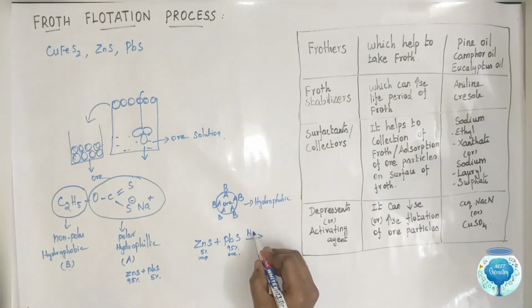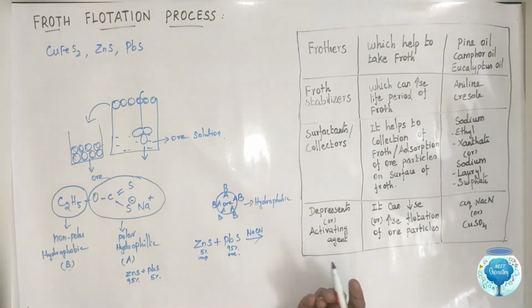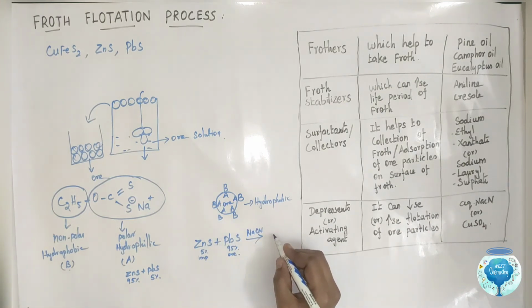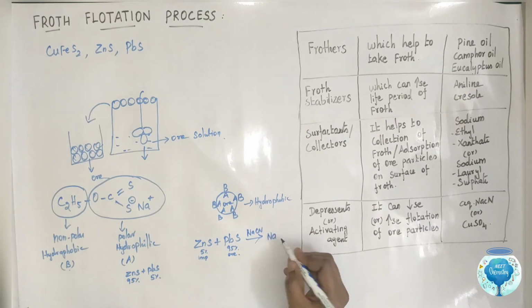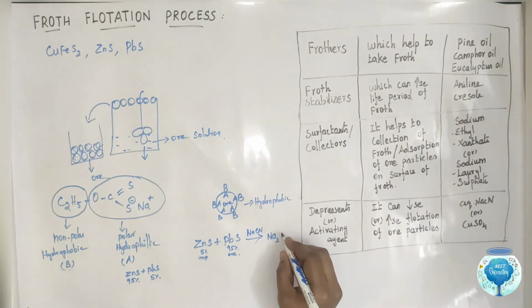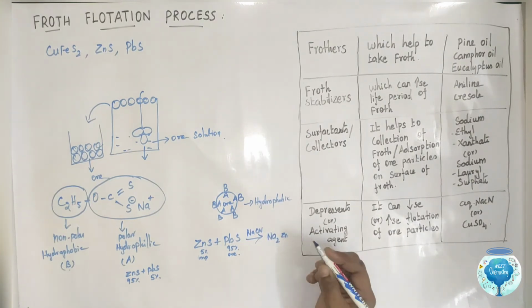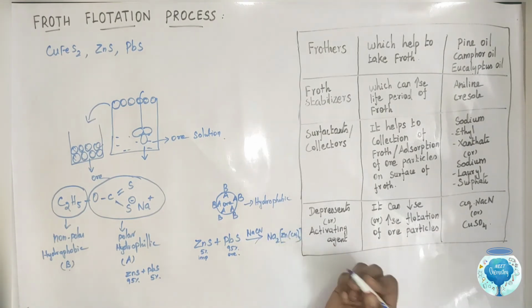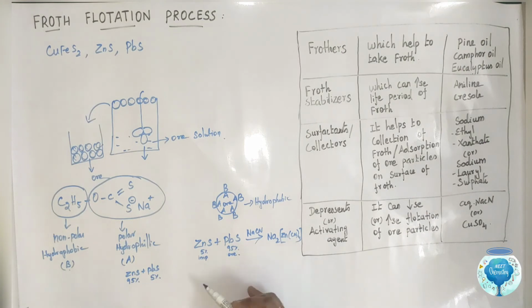So we add aqueous sodium cyanide. The sodium cyanide reacts with zinc sulfide to form an adduct or complex, Na2[Zn(CN)4], sodium zincate.